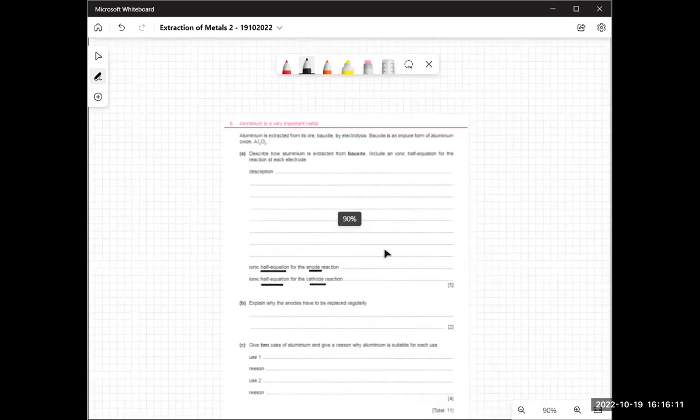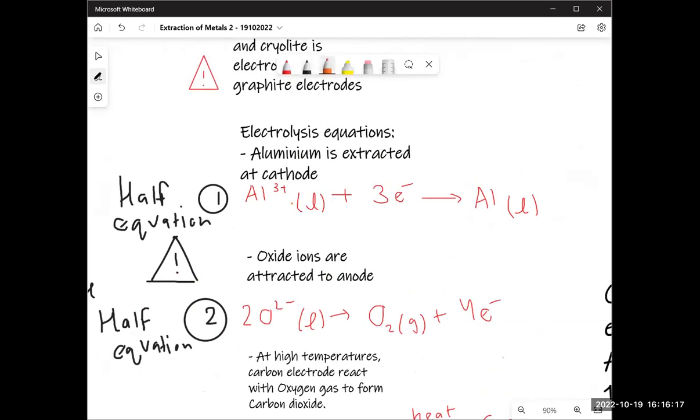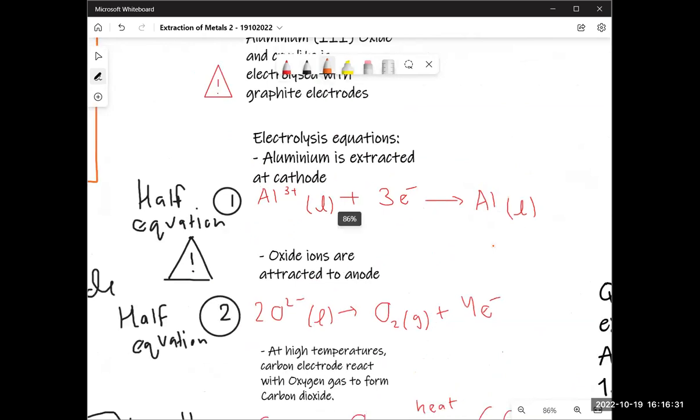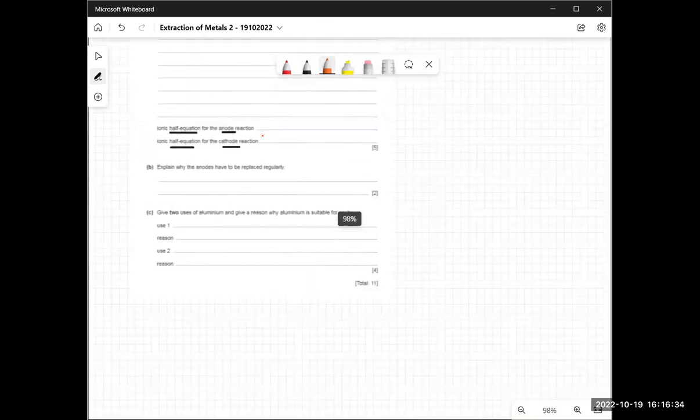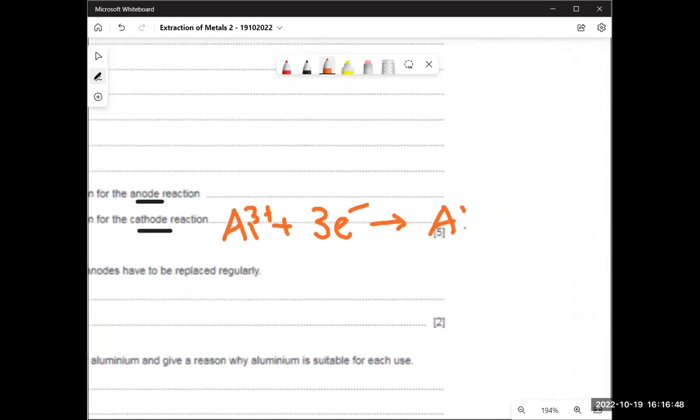Now let's read the half equation at the cathode. Luna, read it. Al3+ (liquid) plus 3e- equals Al liquid. So for the cathode we have Al3+ plus 3 electrons gives us Al liquid.